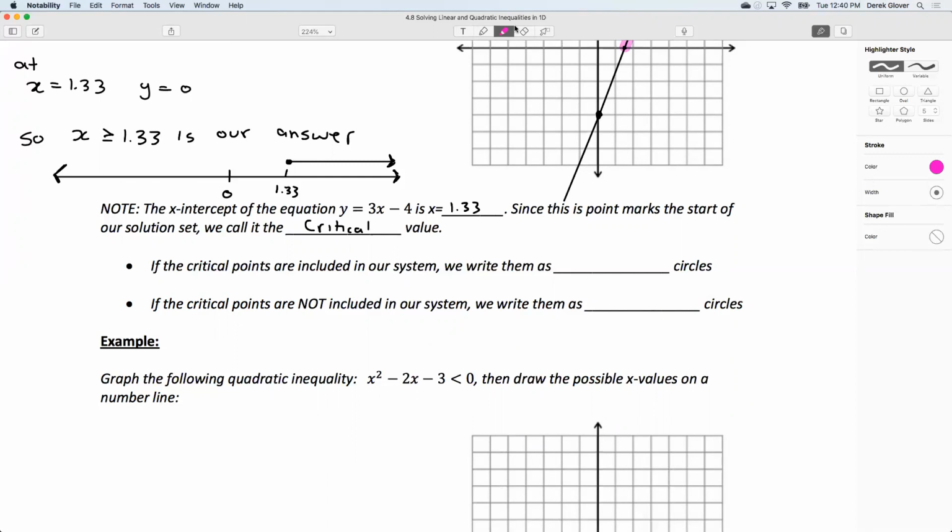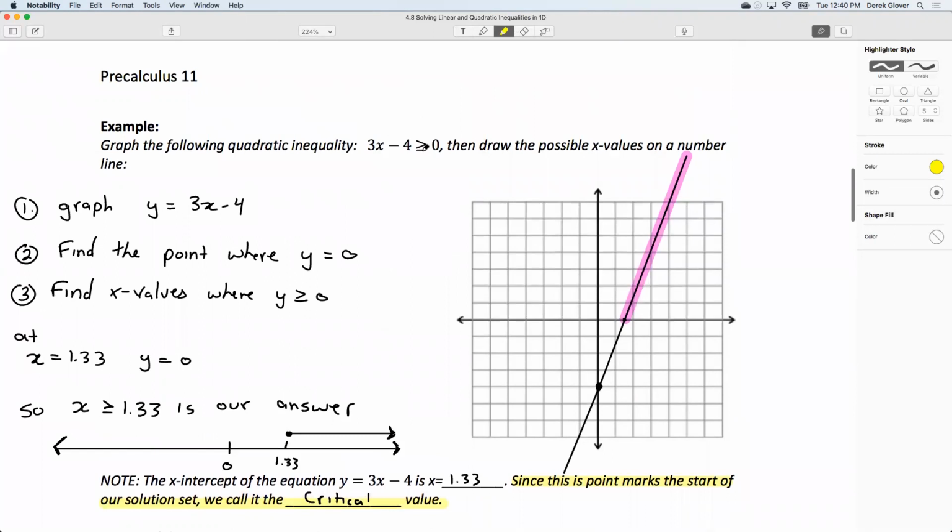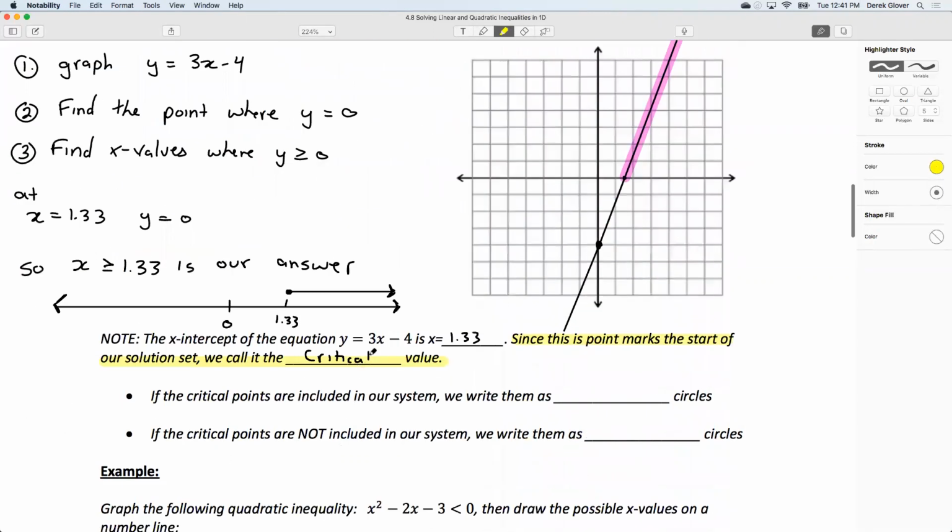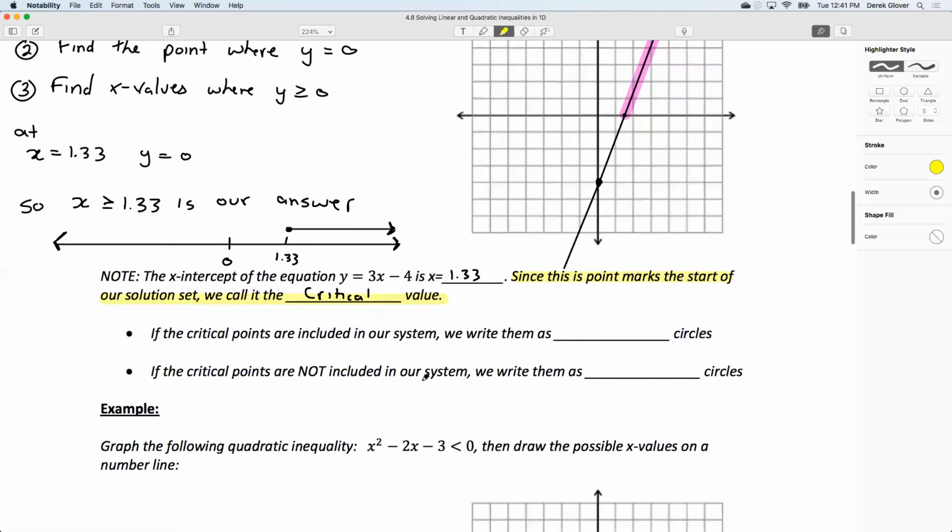And this is important, so this is something I'm going to highlight. Since this point marks the start of our solution set, we call this point the critical value. Sometimes the critical value is included if you've got greater than or equal to or less than or equal to as your inequality. If you have exclusively greater than or less than, the critical value won't be part of your solution, but it's anything above that point. The critical points are included in our system.